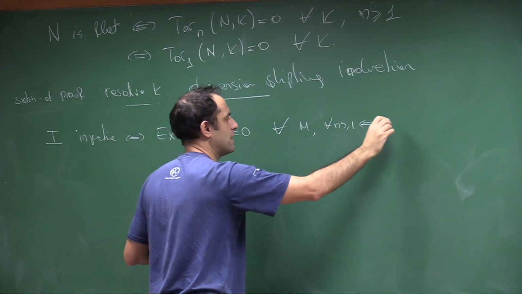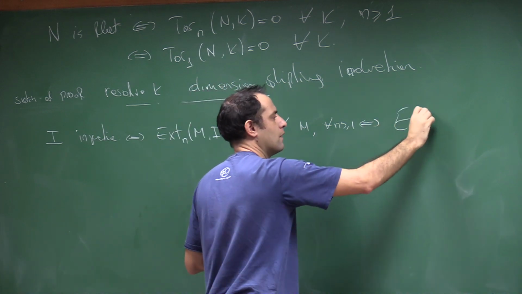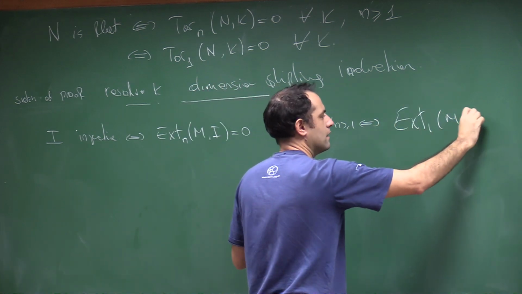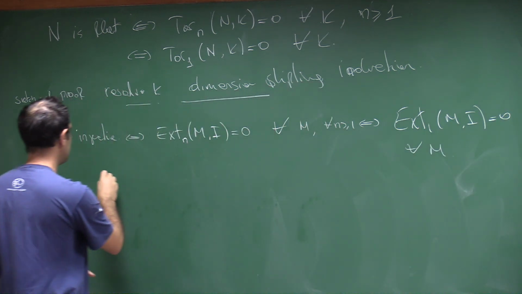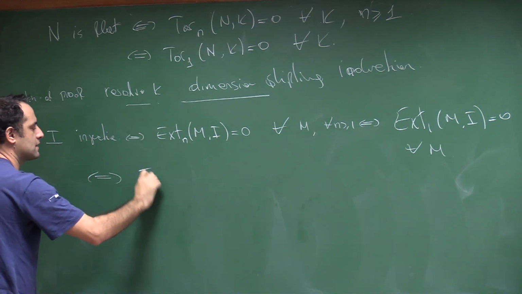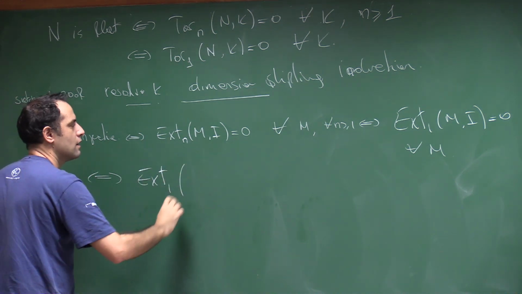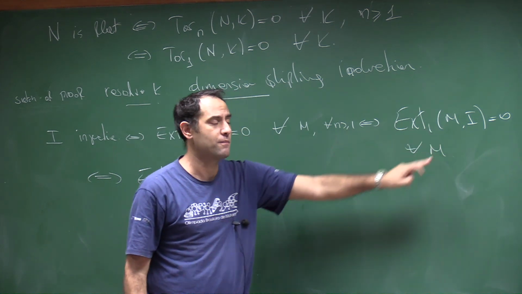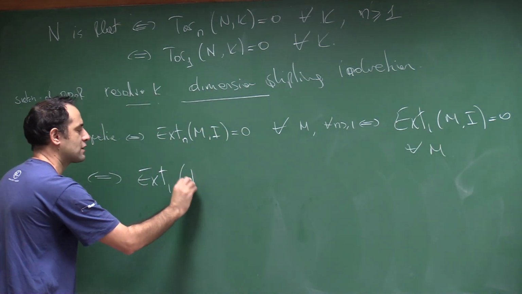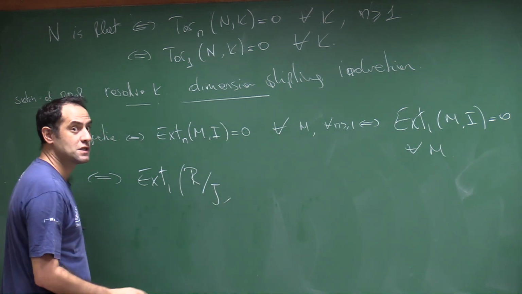And this is if and only if Ext^1(M, I) is 0 for every M. But also, this is if and only if Ext^1, you not only need to check this for elements of this form, for an arbitrary module, but actually for quotients by ideals.